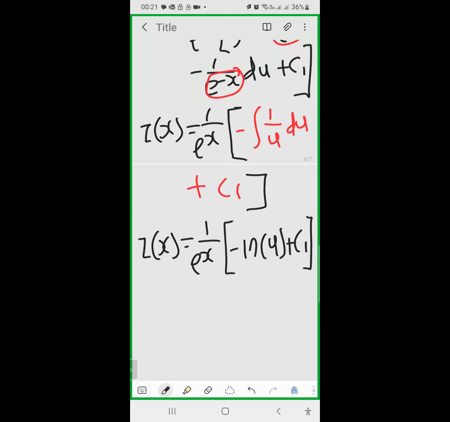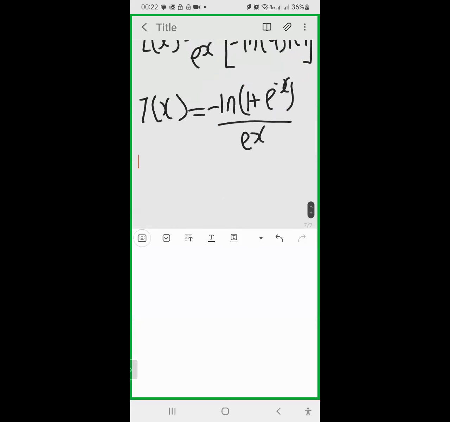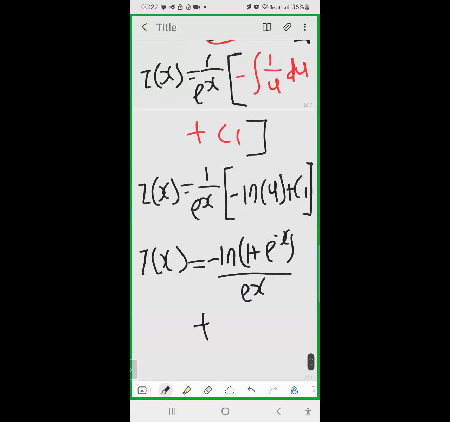Thus, z of x is equal to minus the ln of, we did let u be equal to 1 plus e to the power minus x, then this will be divided by e to the power x. Then this is plus c1 divided by e to the power x.